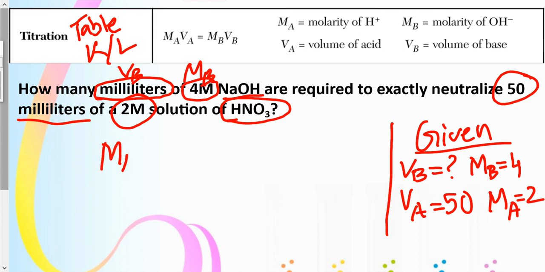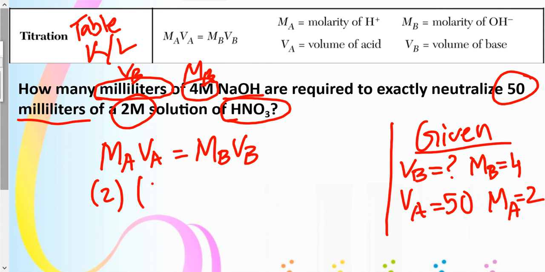So you're going to write MaVa equals MbVb. And then you're going to replace those letters with the values that you have on your right side, right? So Ma is 2. I usually use parentheses for every single value. Va is 50, equals Mb is 4 and Vb is unknown.